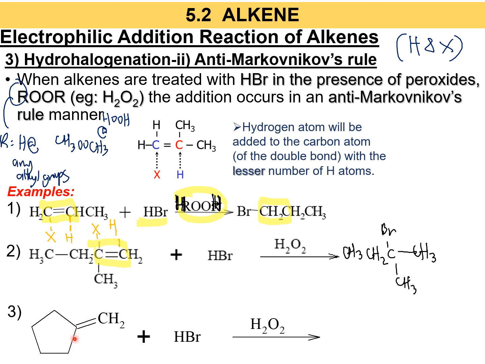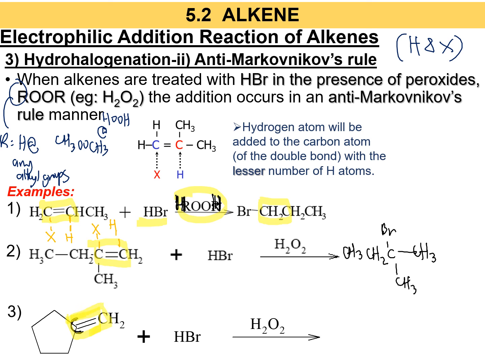Okay, for this example, I want you to take out the carbon atoms, and then count whether this carbon atom has enough covalent bonds. Therefore this carbon atom has no hydrogen at all. Okay, this carbon has at least 2 hydrogens. Therefore, if this is a hydrohalogenation with the presence of peroxide, it will be anti-Markovnikov's rule.